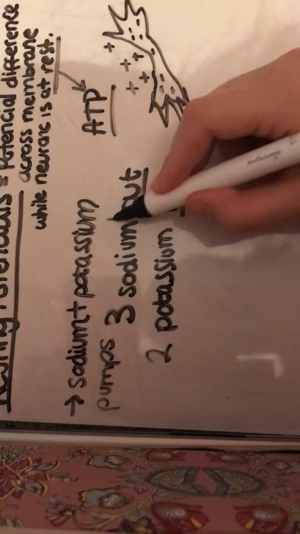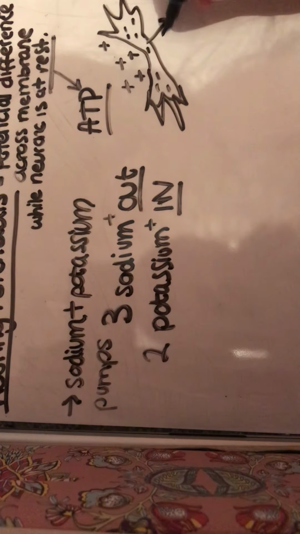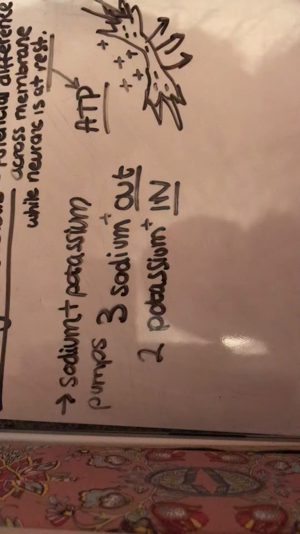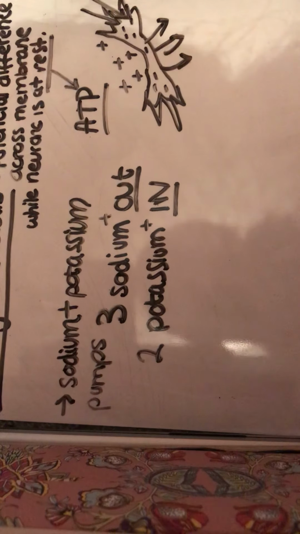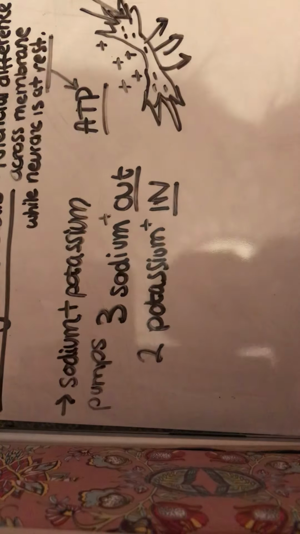And because these are both positive charges, we're getting rid of 3 positive charges and we're only taking 2 back in. So we're getting rid of 1 positive charge for every time that we're pumping these ions about. I've just written 1 positive charge over here.